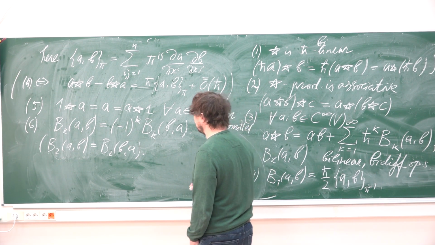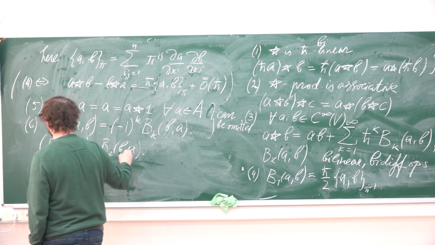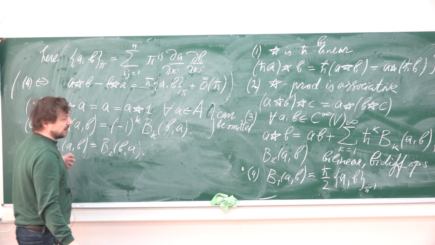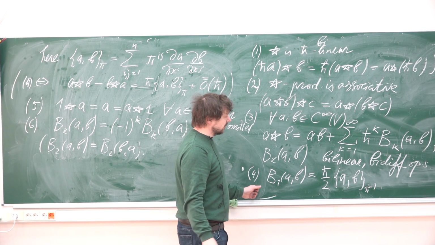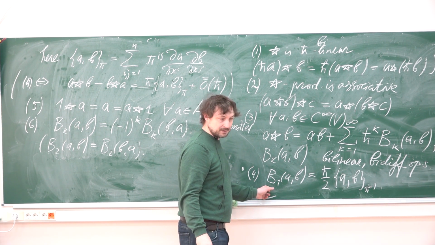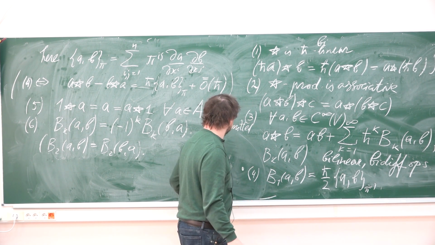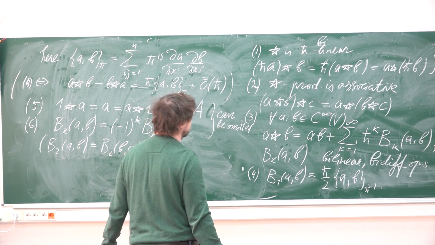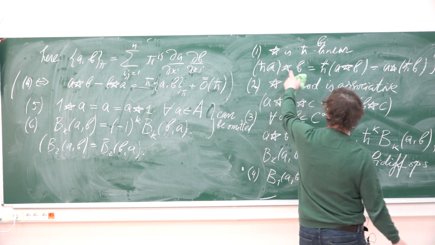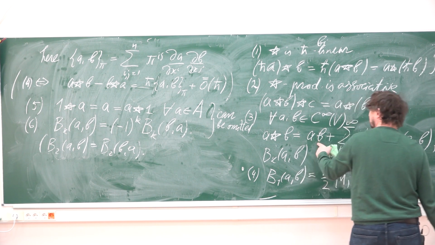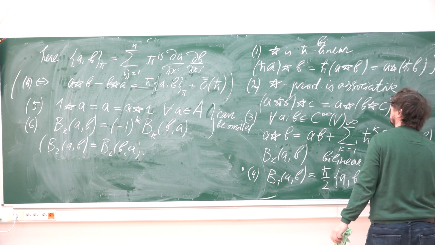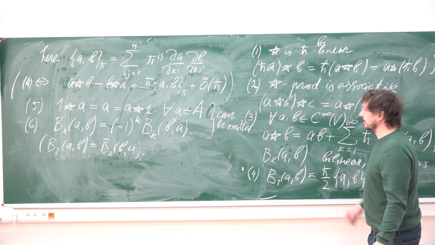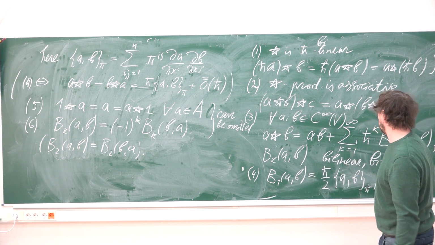But actually, if we add just this condition, we can restore the properties of the B1 from it. Let me show you how this is done. So suppose we have a product which is associative, which begins with the usual product of functions, and which is h-bar linear, so I don't care about anything.